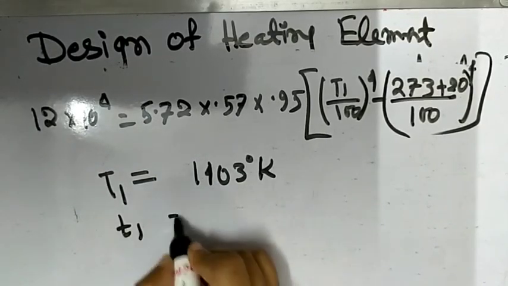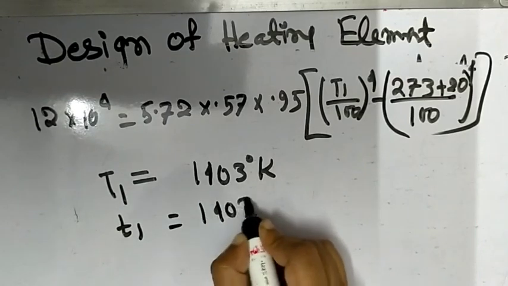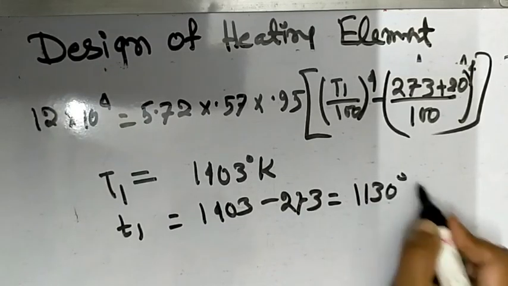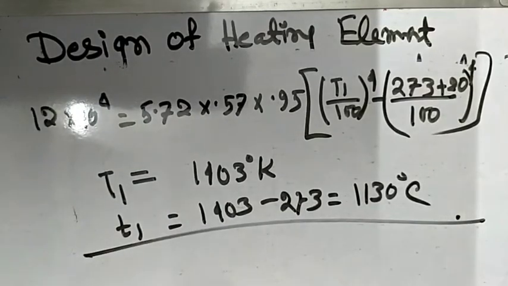So T1 is equal to 1403 minus 273, which is equal to 1130 degree. This is the answer.